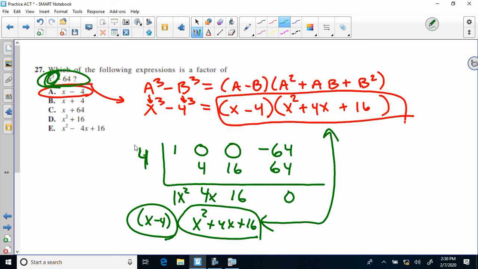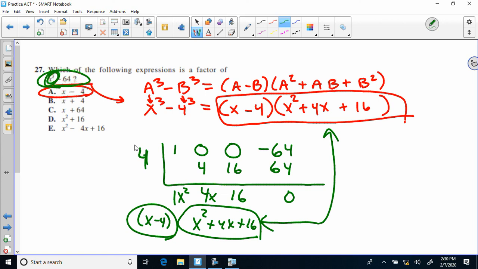Two different ways to get that same answer: memorizing the thing in red, that formula, which most people don't have memorized, or knowing how to graph it and synthetically divide, which more people can do, the one in green, to get the right answer. But those are your options.